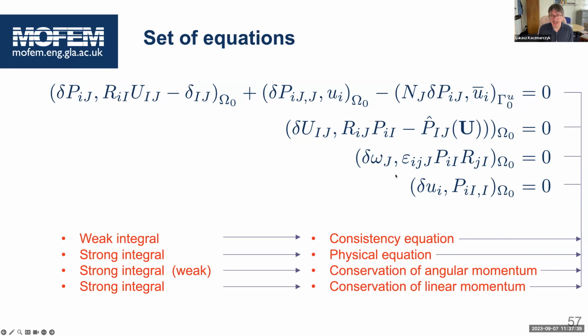Then I have to add an additional equation, which is the conservation of linear momentum. So you can see in this mixed formulation, I see all five equations of continuum mechanics as separate equations, where I enforce the conservation of angular momentum in the weak sense.